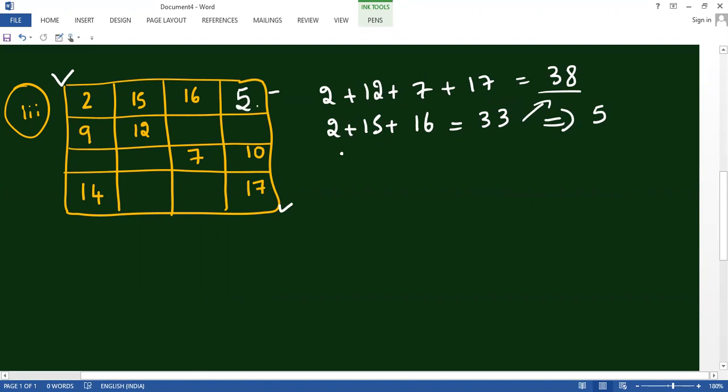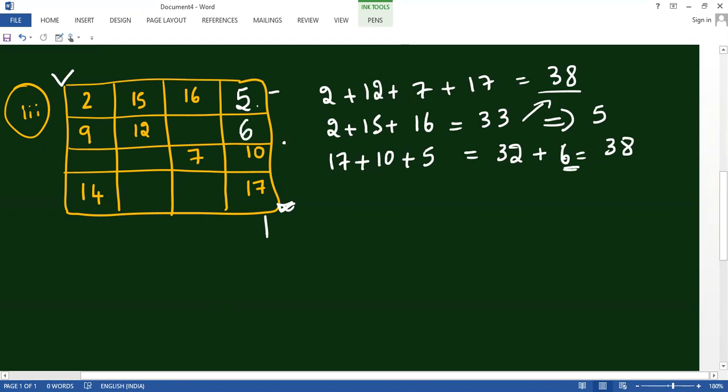And the second step, that is 17. So let me add this row. 17 plus 10 plus 5, that is equal to 32. So subtracting from 38, it becomes 32 plus 6, that is equal to 38. So the answer is 6.